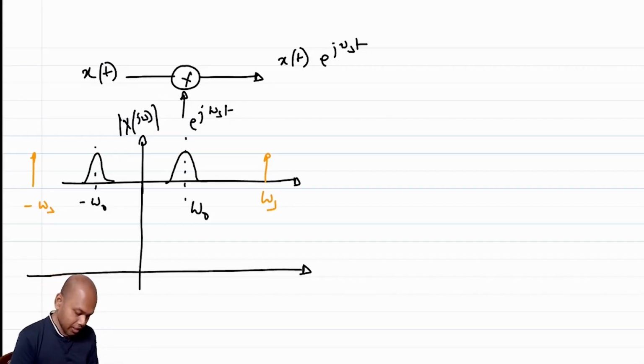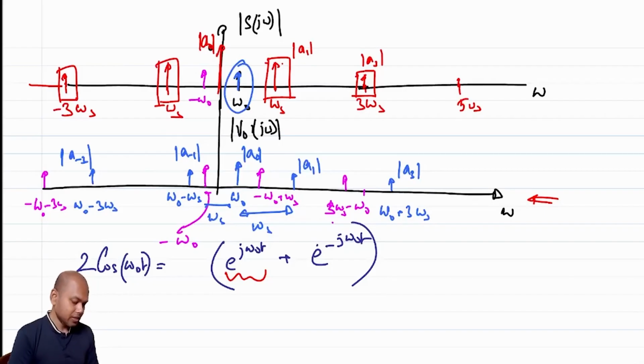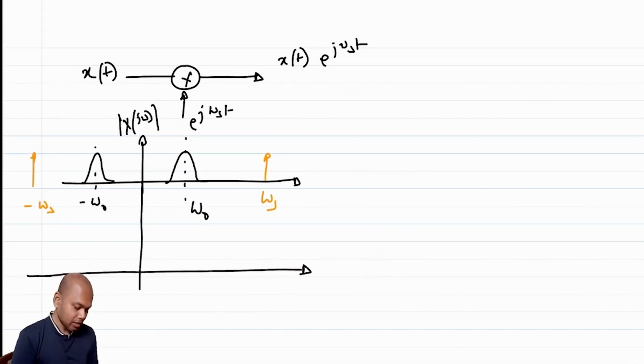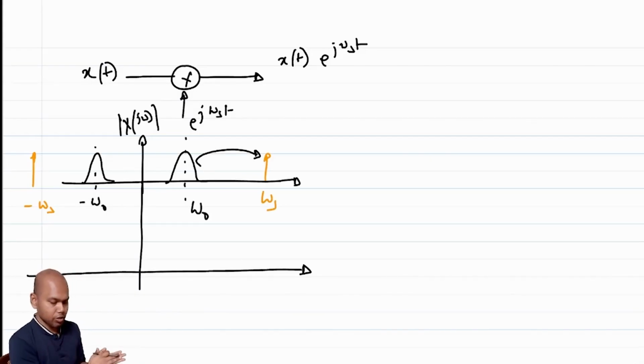Just like the tone at omega naught got shifted to omega naught plus omega s, similarly here, whatever spectrum you see at omega naught will get shifted to omega s plus and omega s minus. After multiplication in the time domain, it's going to shift.